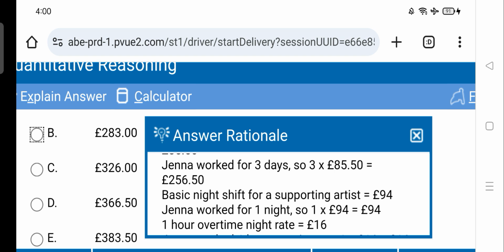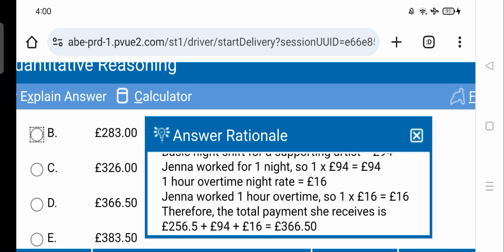The basic night shift for a supporting artist equals 94 pounds. Gina worked for one night, so 1 times 94 pounds equals 94 pounds. The 1 hour overtime night rate equals 16 pounds. Gina worked 1 hour overtime, so 1 times 16 pounds equals 16 pounds.